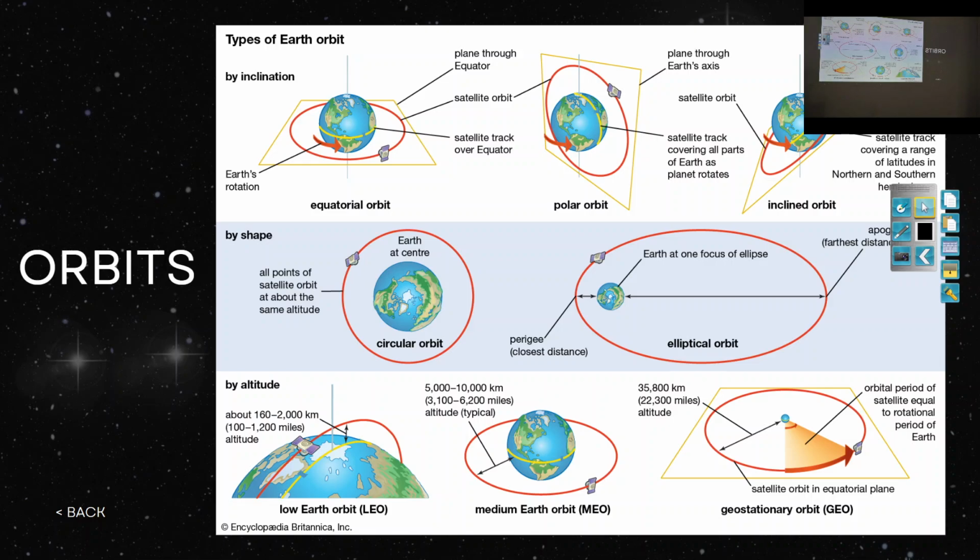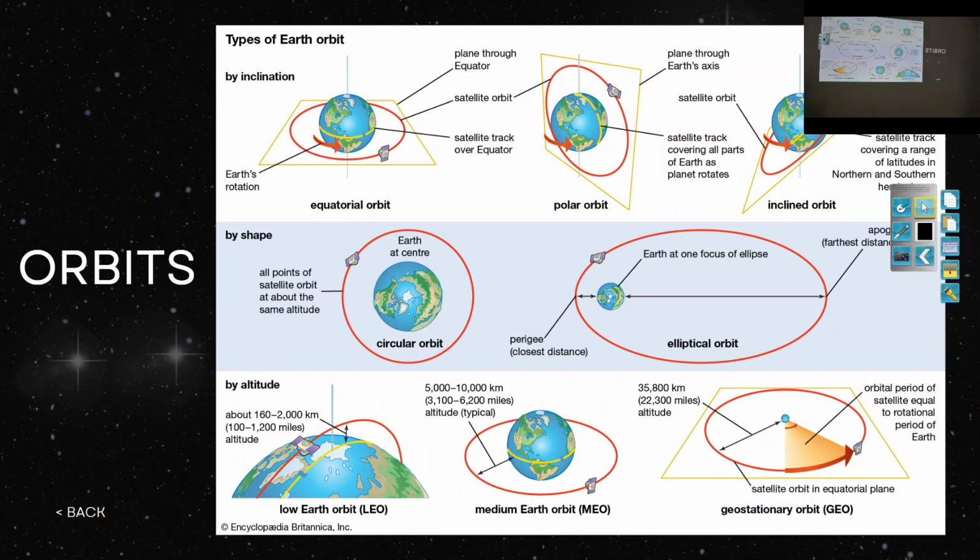It is a type of geostationary orbit, but it is inclined to some angle to the equator.